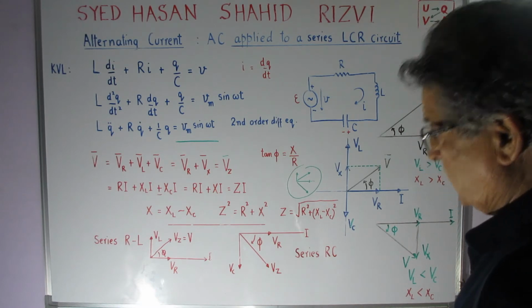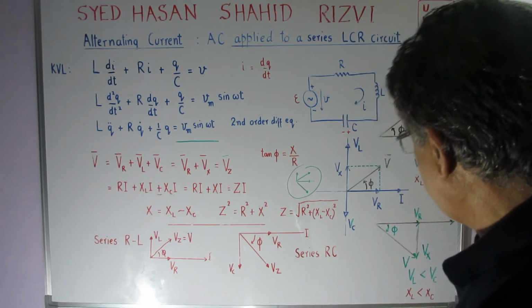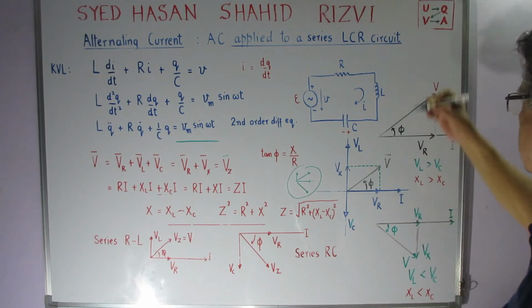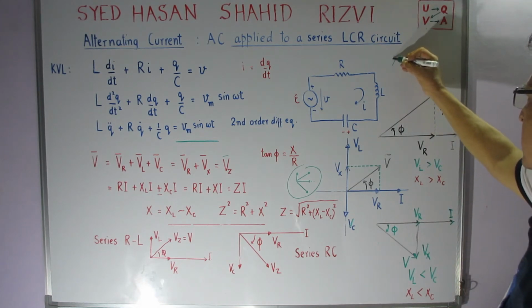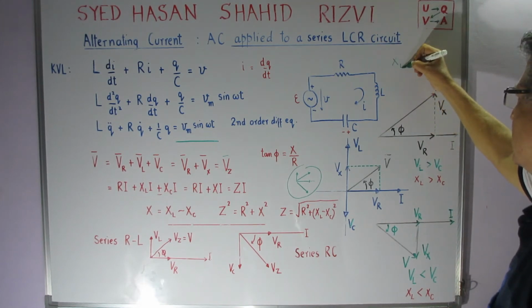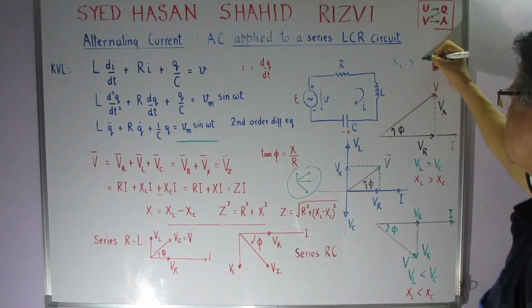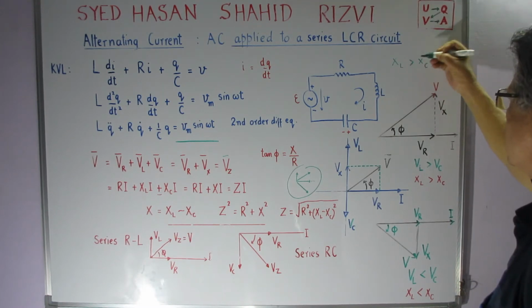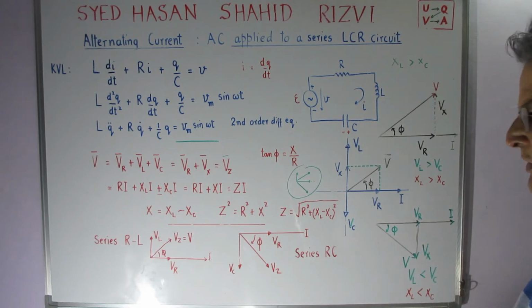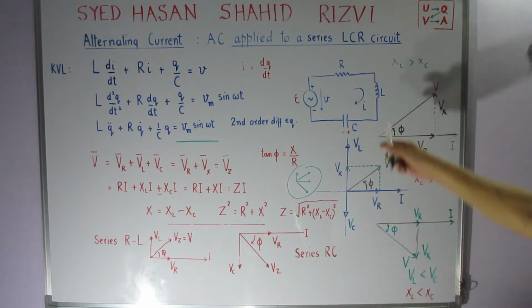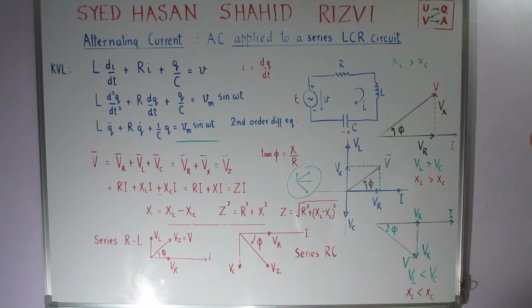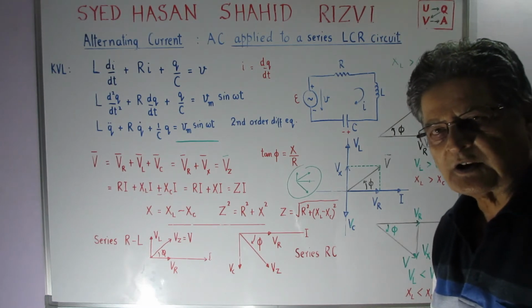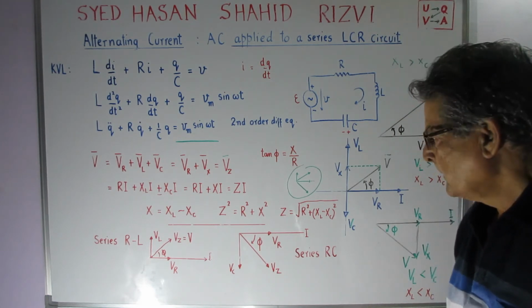So if in a circuit XL is greater than XC, or the voltage VL is greater than VC, even in this circuit, then we call this RLC circuit inductive in nature.